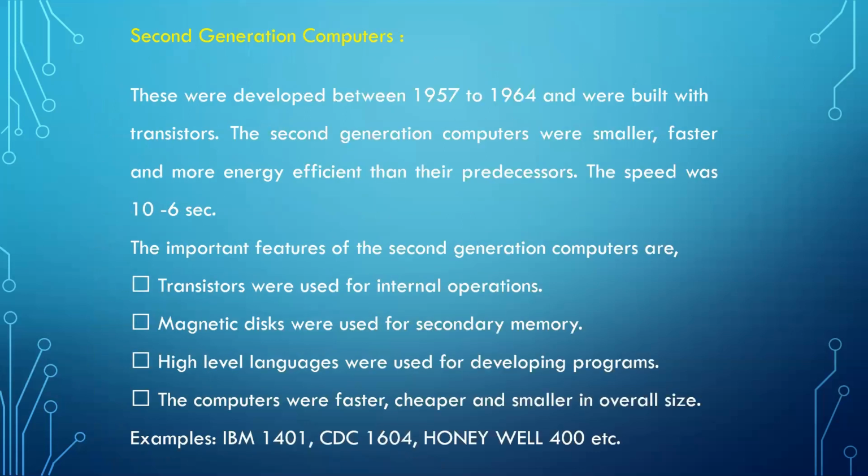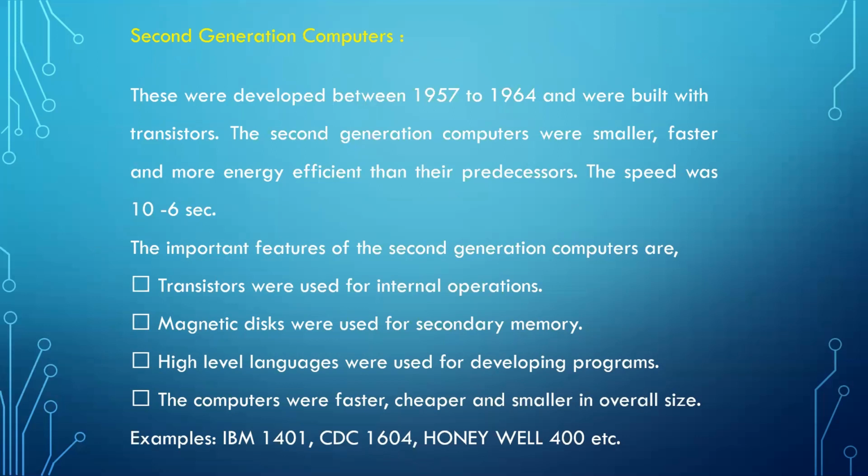Next we move on to the second generation of computers. The second generation of computers was developed between 1957 to 1964 and was built with a device called transistors.